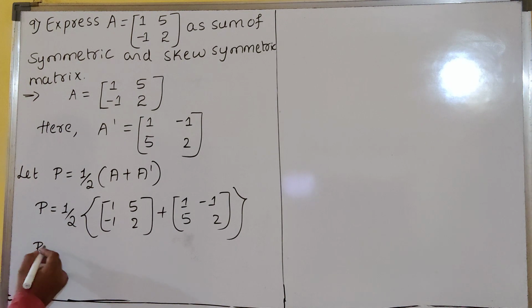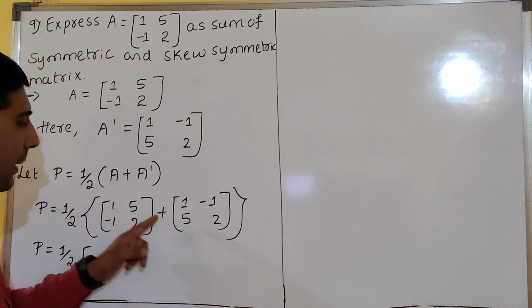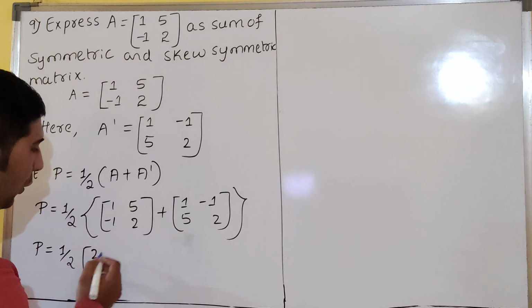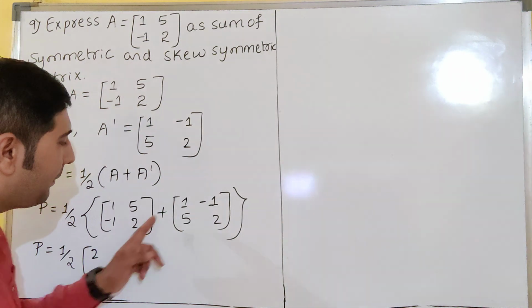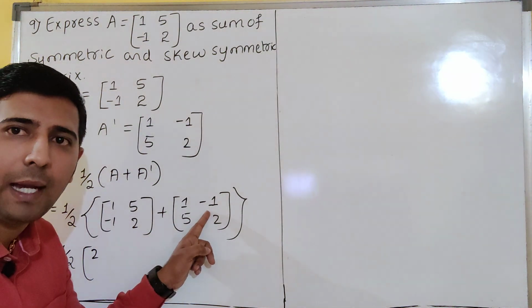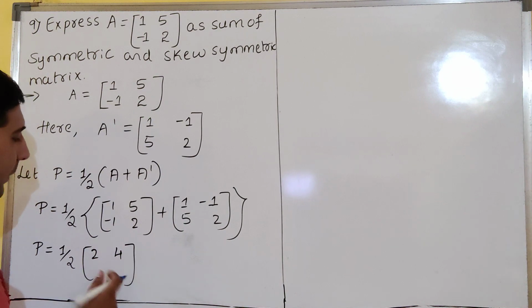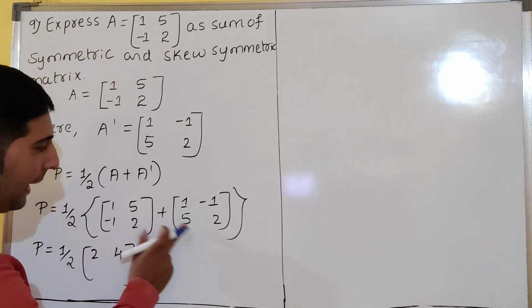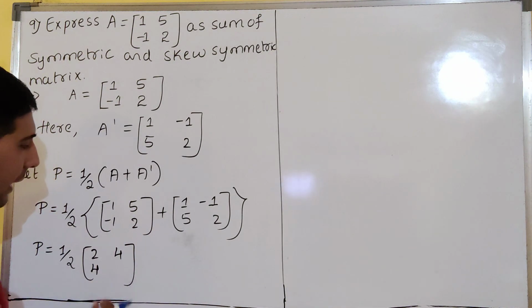So add them, you know how to add. 1 plus 1 is 2, 5 plus minus 1 is 4, minus 1 plus 5 means 4, dear students.